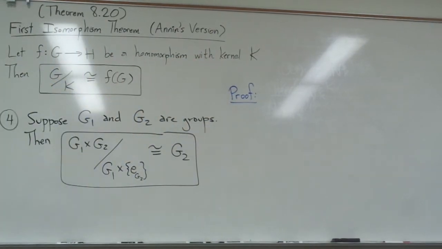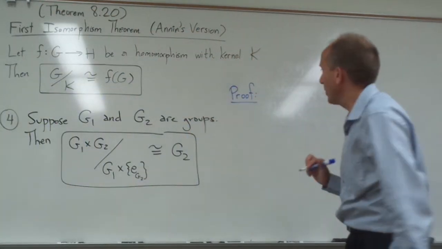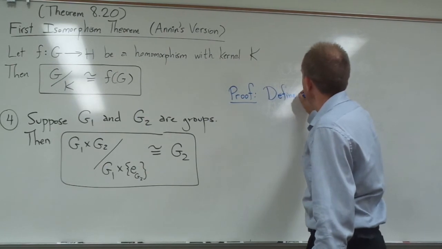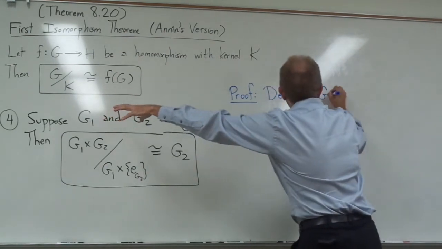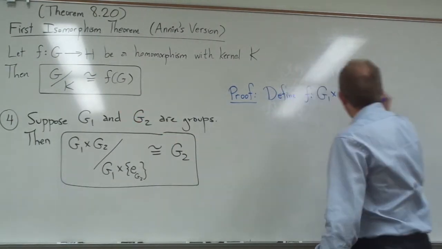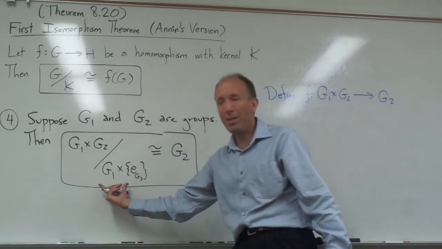I'm not going to do the whole thing, I'm just going to take like 1 minute to set this one up. So again, to use the first isomorphism theorem, I'm going to define a function from the numerator of the left side, which is G1 cross G2, to the right side, and hopefully the kernel is going to be G1 cross E.